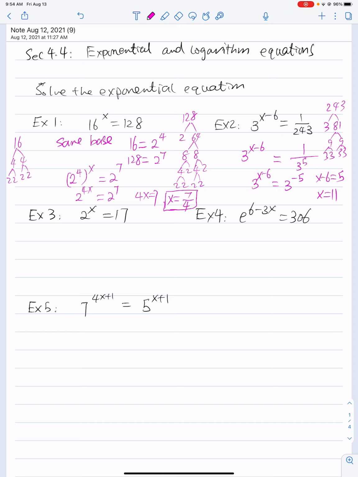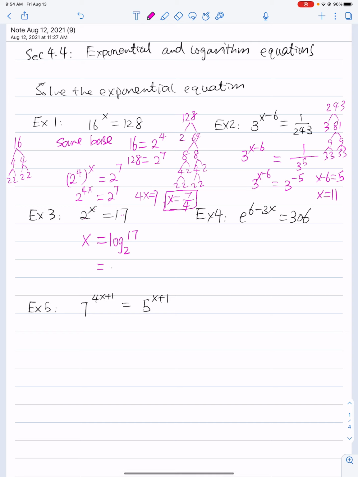We write this in the corresponding logarithmic form, keeping the same base 2. x used to be on the same side as 2, so now it's on this side. So x equals log base 2 of 17. How could we find this value?